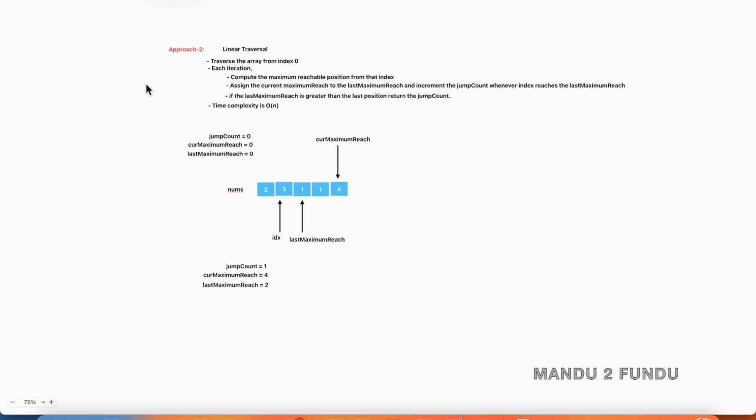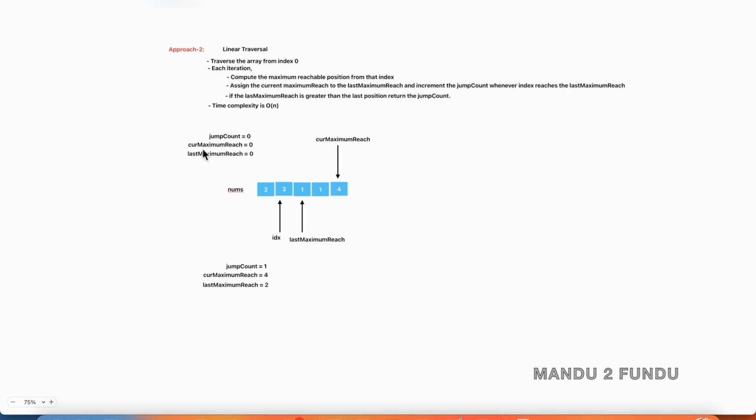We can find the minimal number of jumps by traversing the array linearly. First we start from index 0, and we maintain 3 variables. One is the jump count, which keeps track of the number of jumps we have to make, and another variable is the current maximum reach.